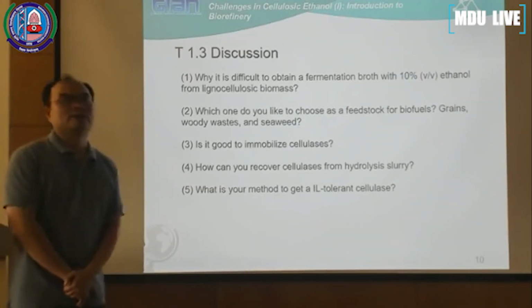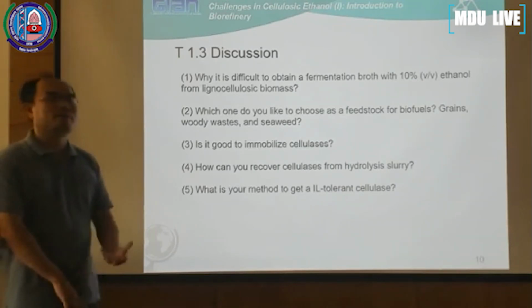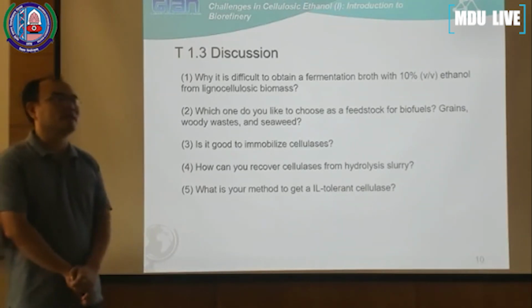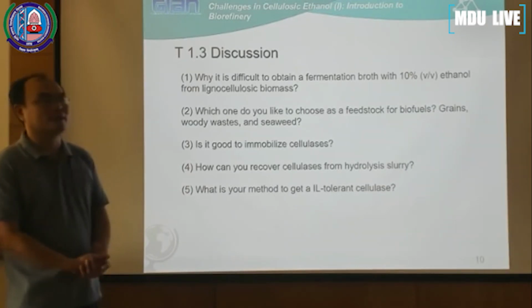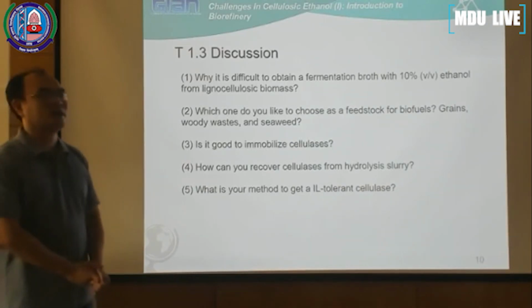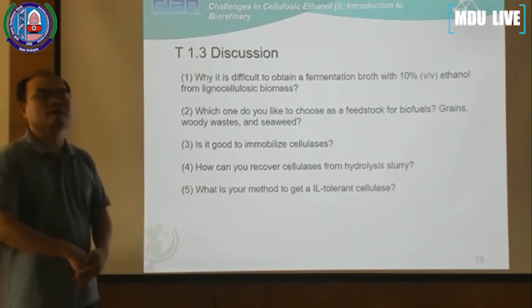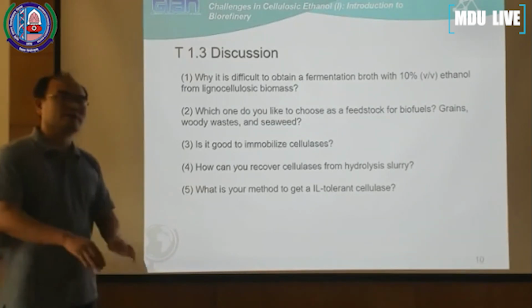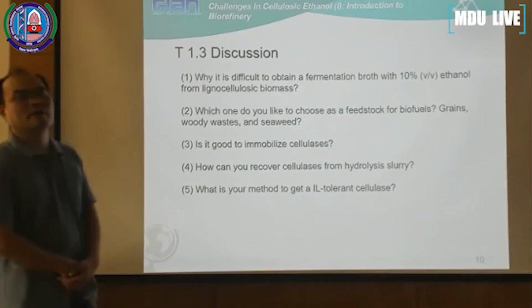I also tried to isolate cellulase producing fungi from black tea. You drink black tea? Dark tea is a fermented tea, right? There is microbial fermentation of the tea leaves. And in the tea, there is a high content of phenolic compounds.